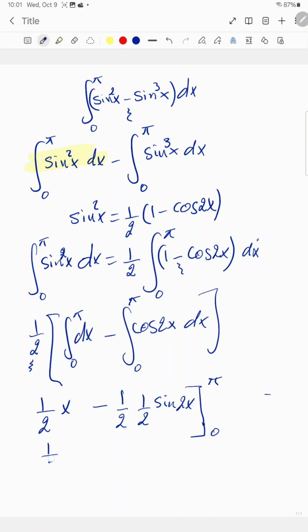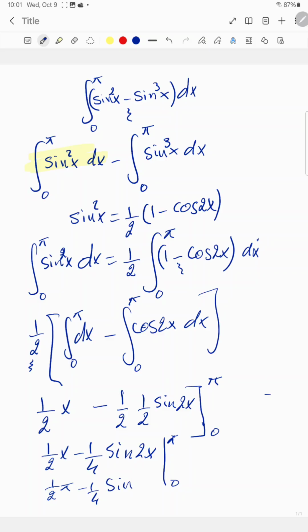So it becomes 1/2 x minus 1/4 sine of 2x between 0 and pi. So now I have to replace x by pi first. So it becomes 1/2 pi minus 1/4 sine of 2 pi.